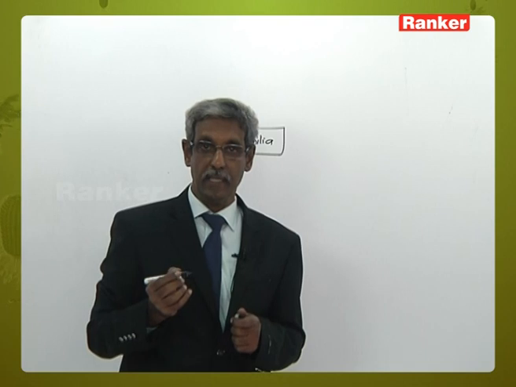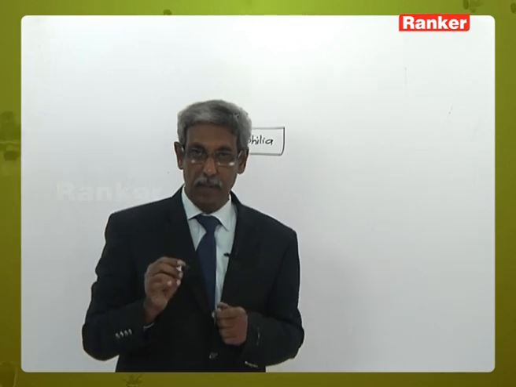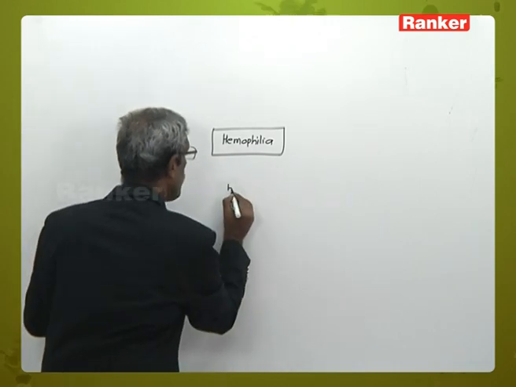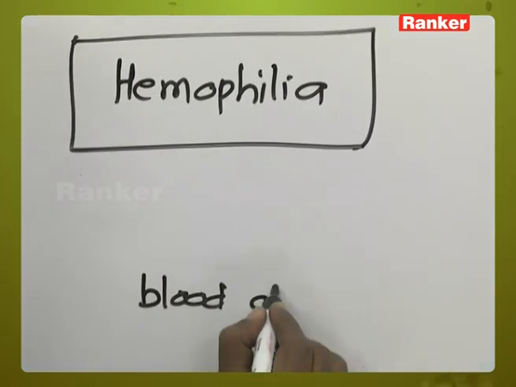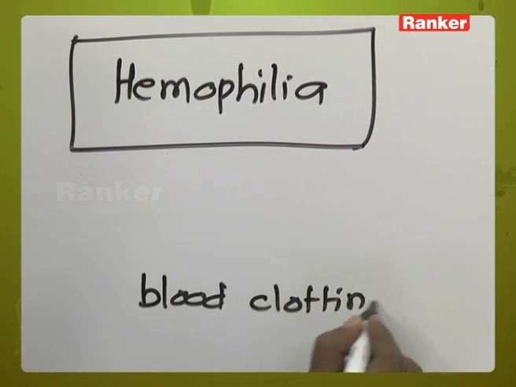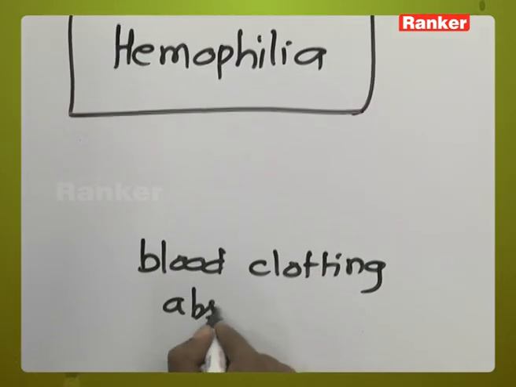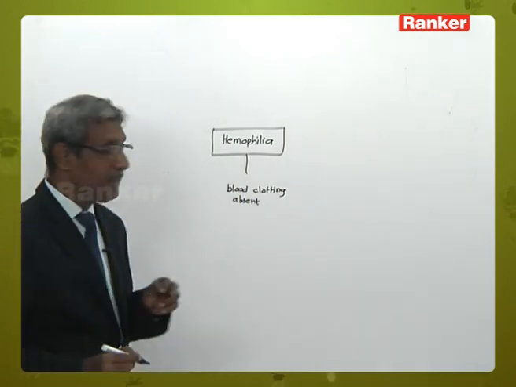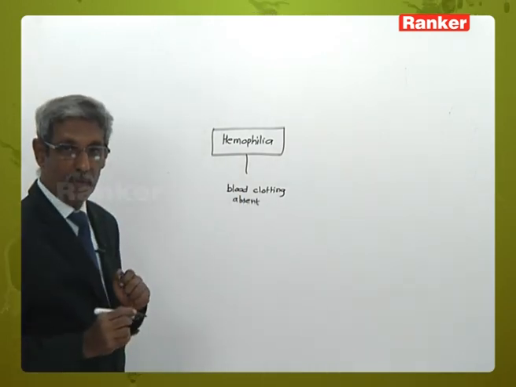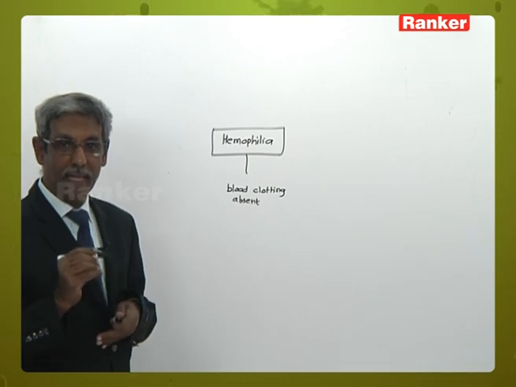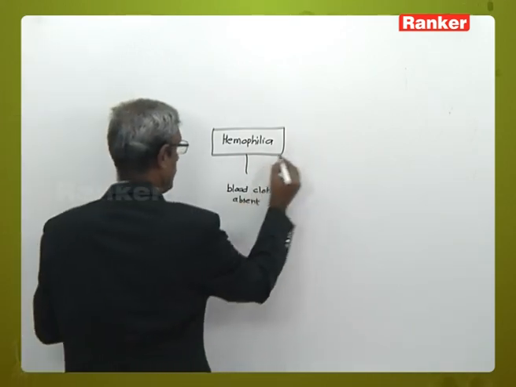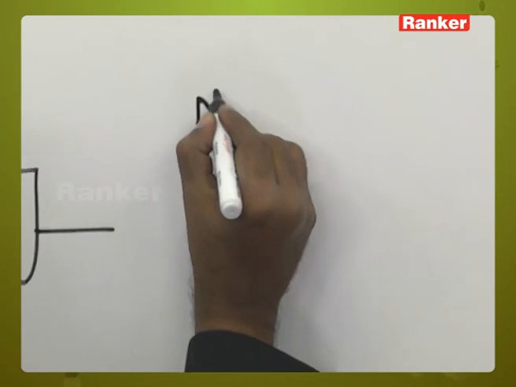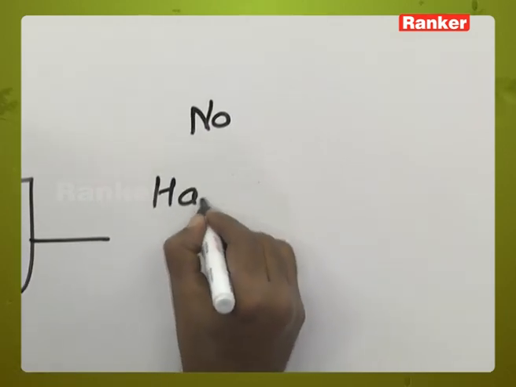Hemophilia, the sex-linked inherited disorder, is a disease wherein blood clotting is absent. The reason why blood clotting is absent is the absence of anti-hemophilic granules.